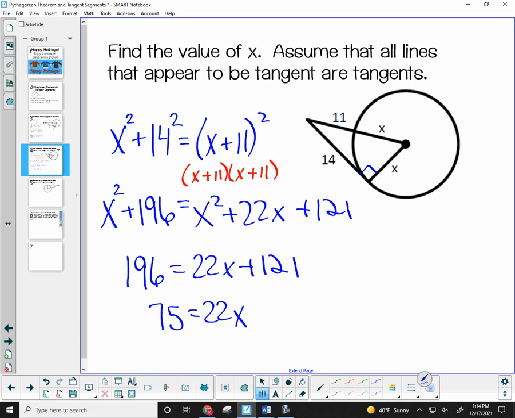Is it 3.4? Yeah, 3.4. So x equals 3.4. A lot of times these do not come out nice and pretty. Sometimes they do, we get lucky, but a lot of times they're not nice. Questions on that one? It looks way more intimidating than it really is.